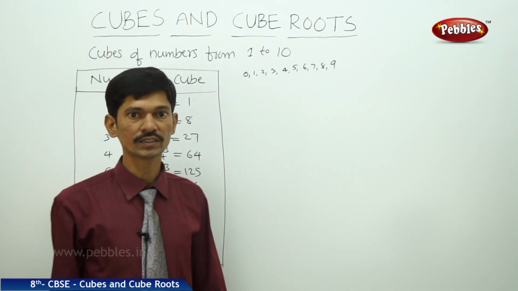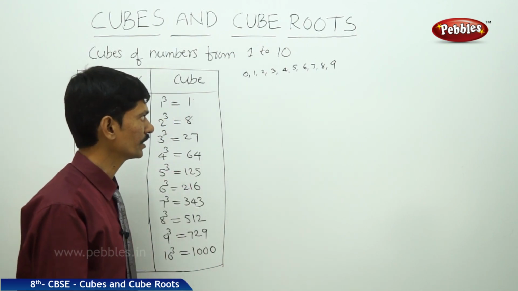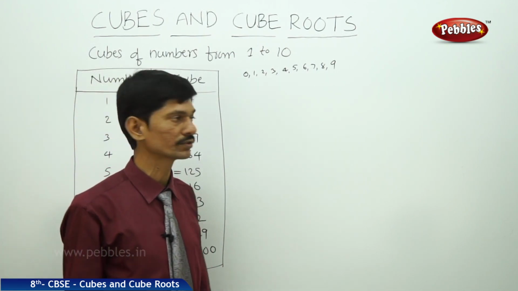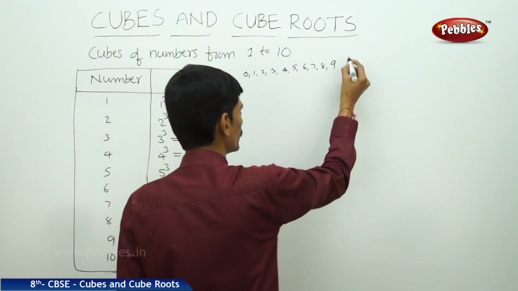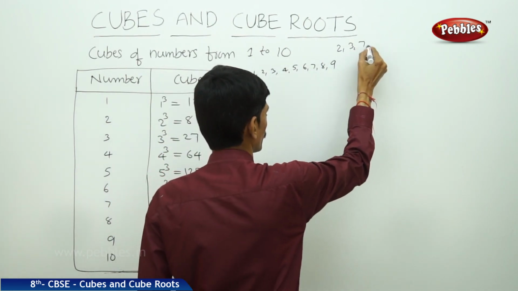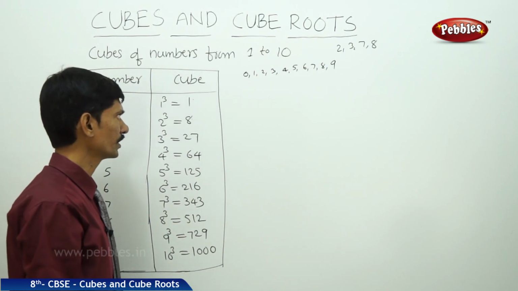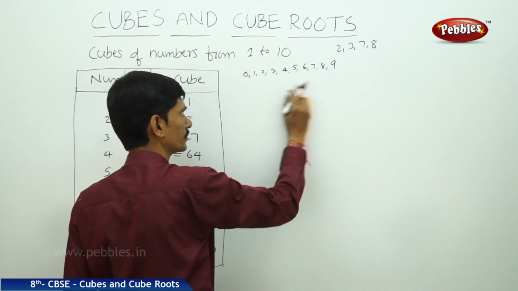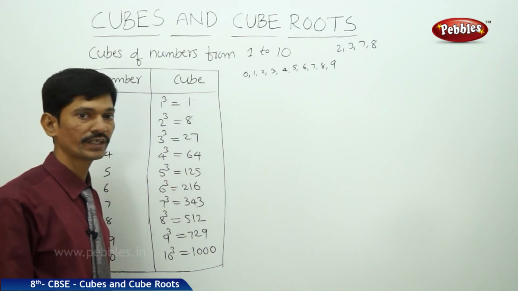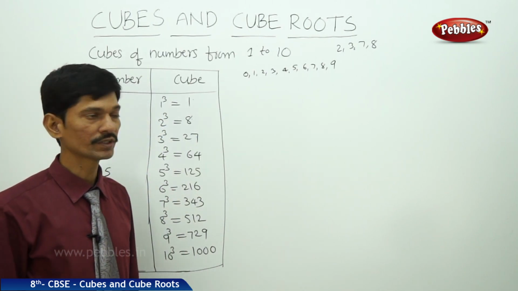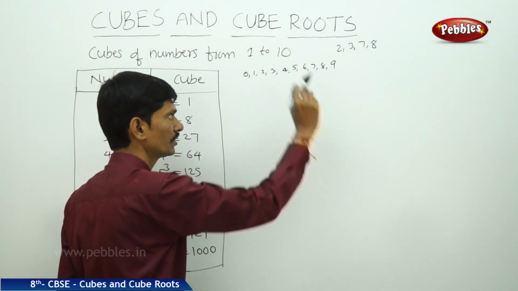Whereas any square number or perfect square does not end with 2, 3, 7, 8. But here the cube of a natural number ends with all of these digits. So the cube of any natural number can end with any of these 10 digits.